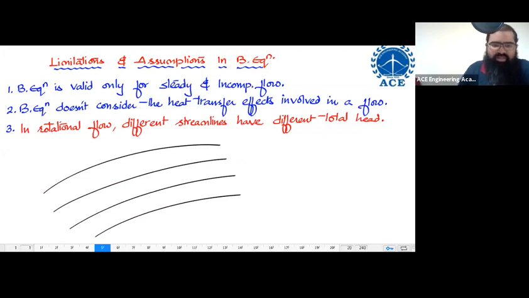Some 4 streamlines I have taken over here. Imagine that this is psi 1, this is psi 2, this is psi 3, this is psi 4. N number of streamlines I'm having. The total head in psi 1 is capital H1. The total head in psi 2 is capital H2, then H3, H4.